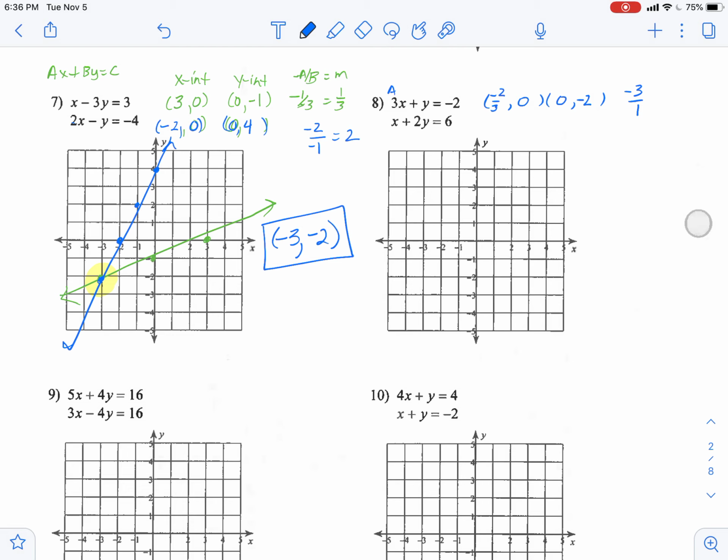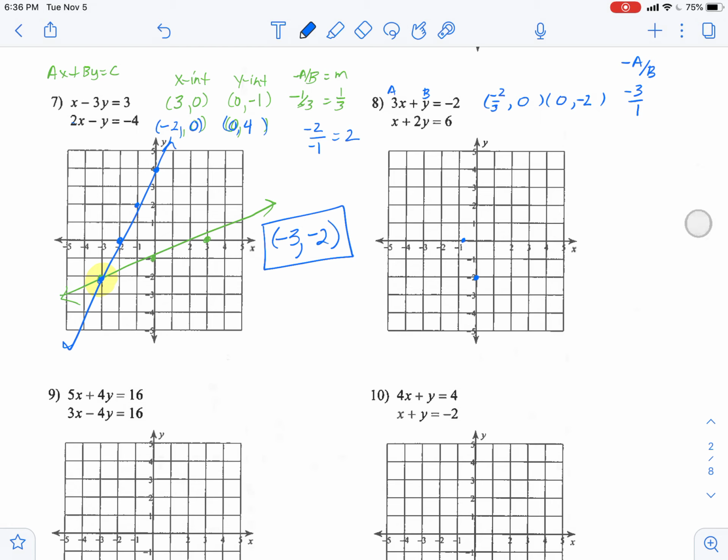Again, this is a, this is b. The reason being, because when I do this, my negative 2/3 is going to be somewhere here. Okay, my 0, negative 2 is here. And sometimes if I don't have enough distance between those 2 points, it's hard to draw my line.